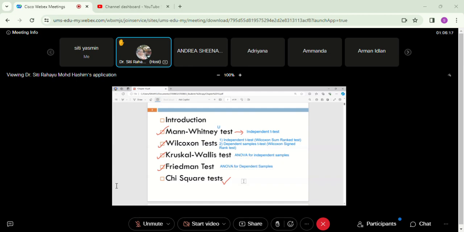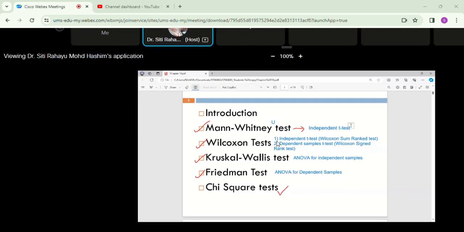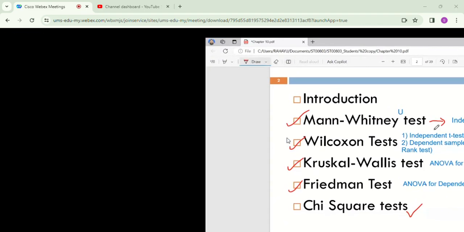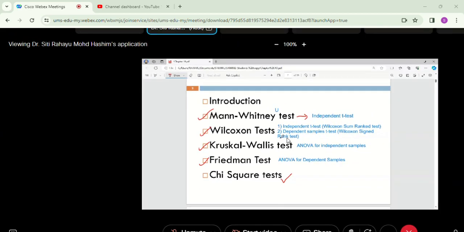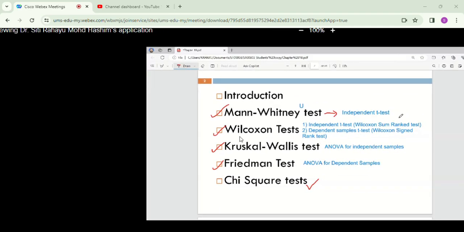Okay, those are the pairs. So Mann-Whitney is paired with the independent t-test. The Wilcoxon test is paired with both t-tests, depending on whether it is rank sum, which pairs with the independent t-test, or signed rank, which pairs with the dependent sample t-test.